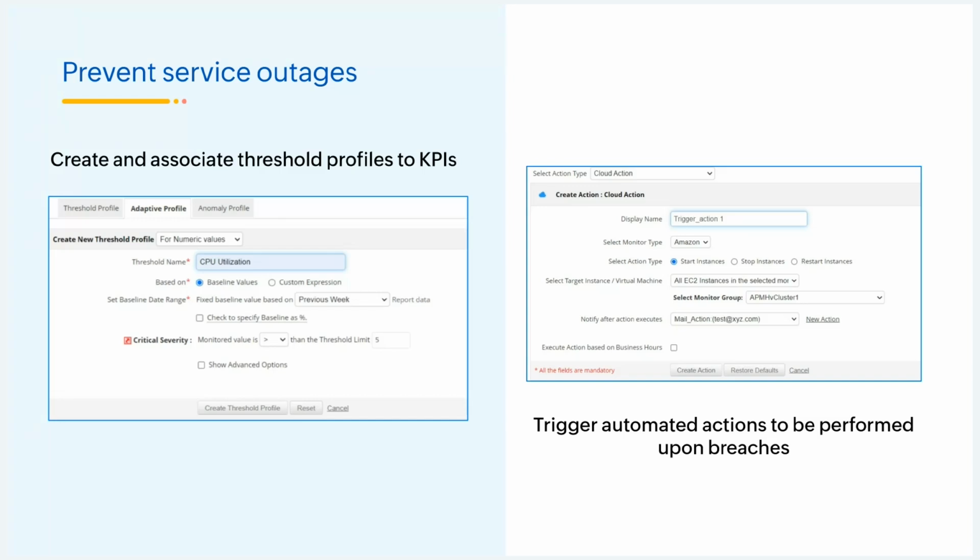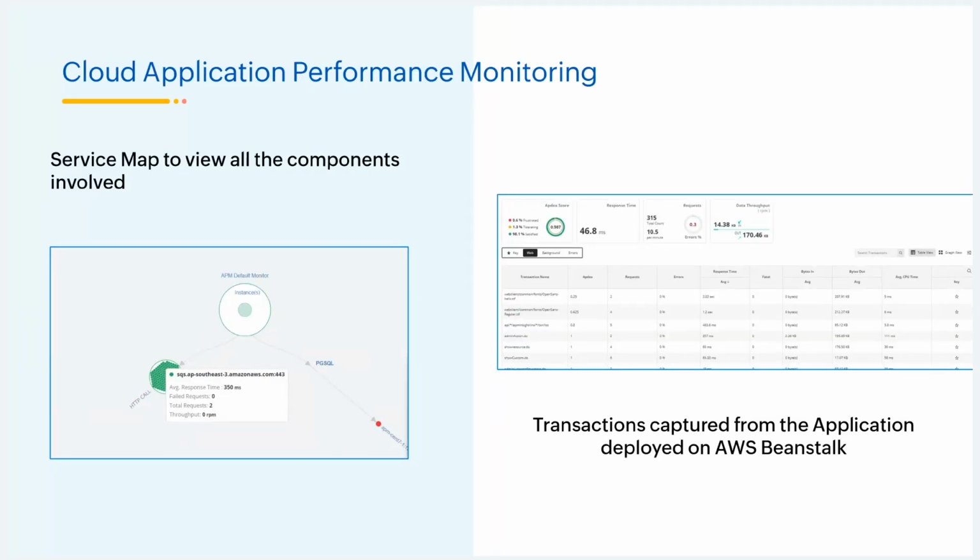So instead of manually restarting failed services, you can set up an automatic restart to trigger specific actions when a threshold is breached. For example, if a cloud instance crashes, the system can reset it automatically. No need to log in and fix it yourself. This saves time and ensures smooth operations as well.